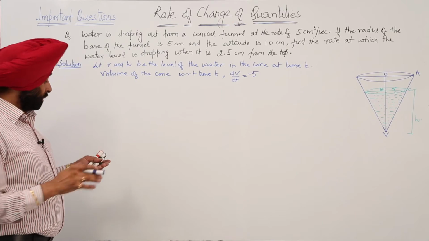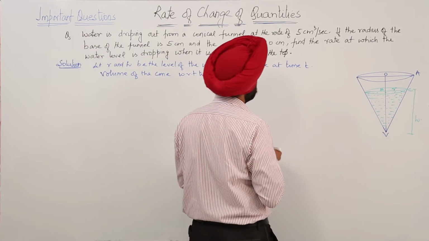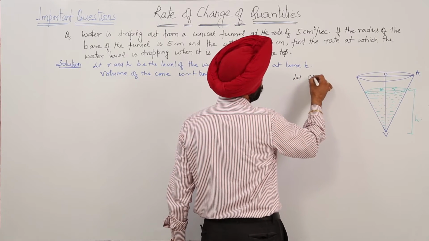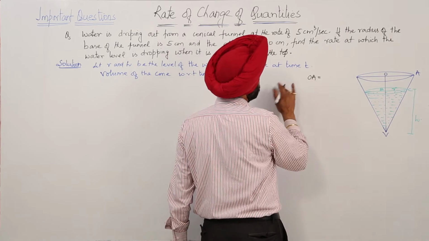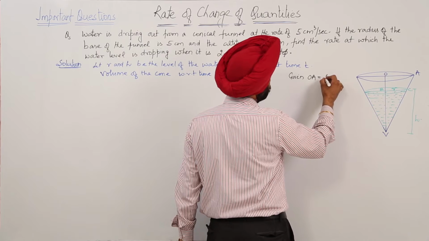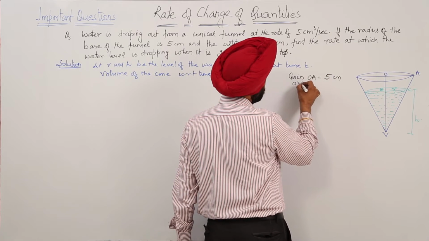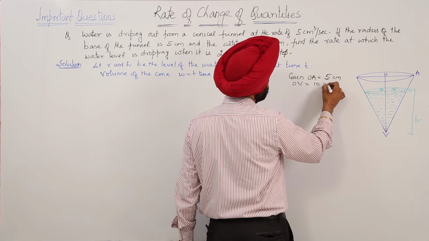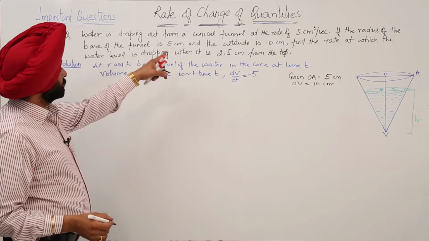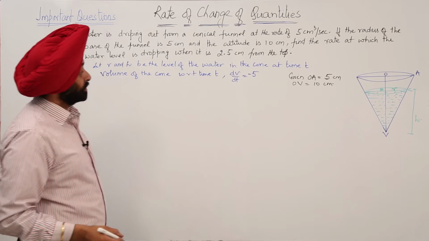Now in our cone, OA is equal to 5 and OV is equal to 10 centimeter. It is given. These two things they have already given: radius of the base of the funnel is 5 centimeter and altitude is 10 centimeter.